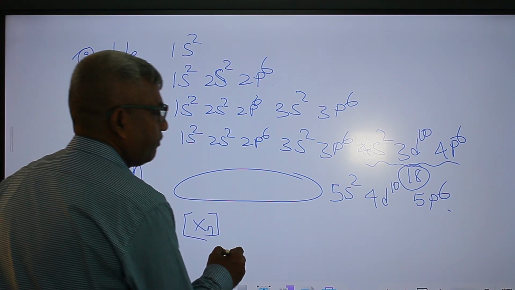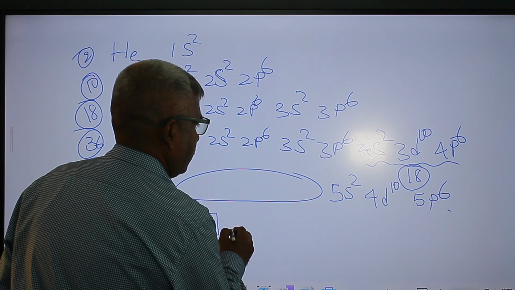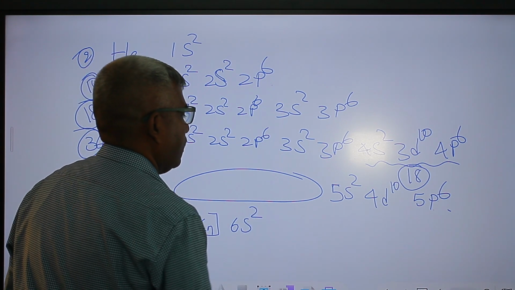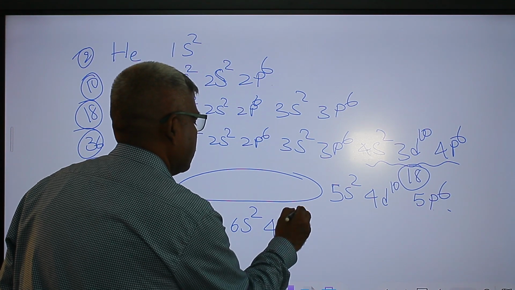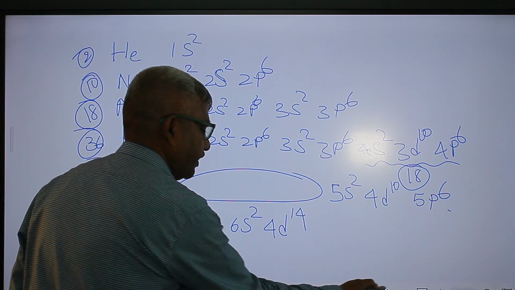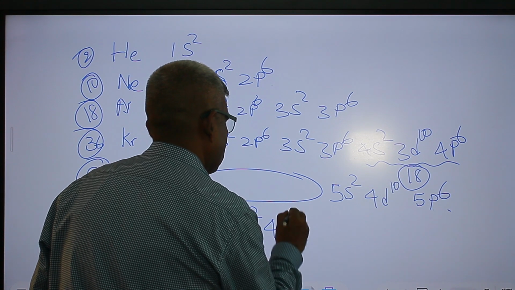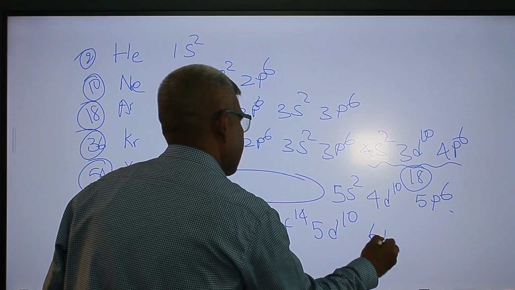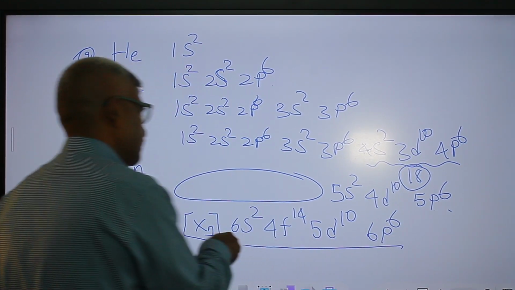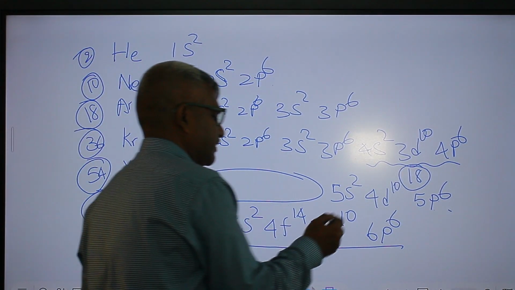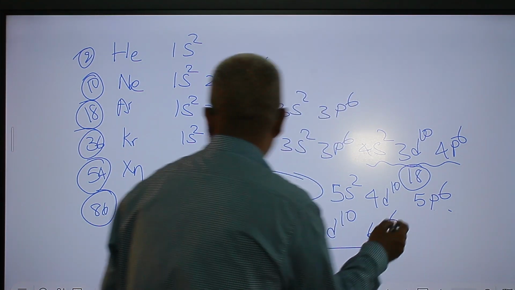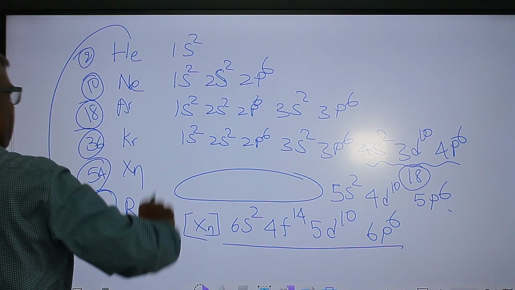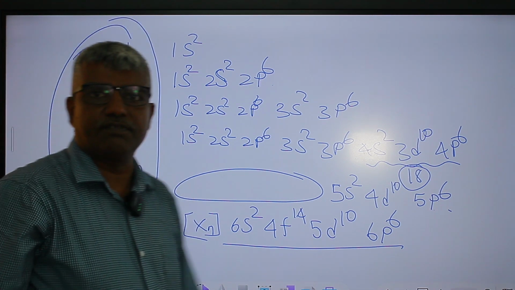Then 6s2, 4f14, 5d10, 6p6. You see, 2 plus 14 is 16, 16 plus 10 is 26, 26 plus 6 is 32. So 86 is included: 54 plus 32, 86.